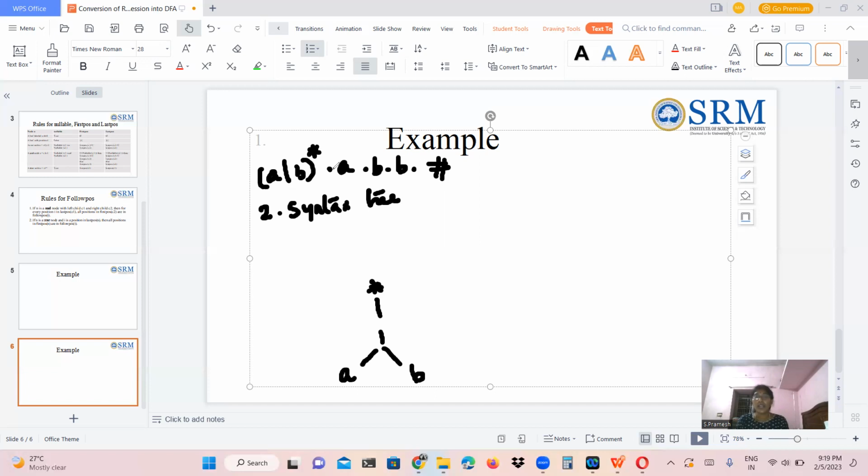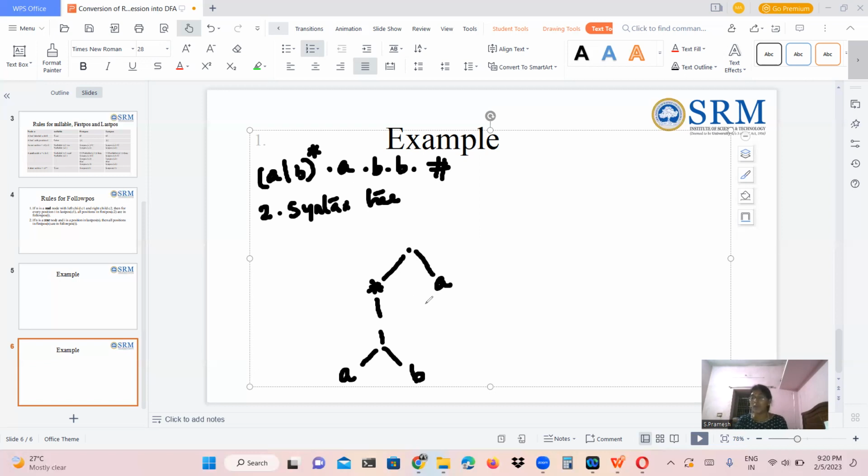After that, I have a concatenation, so I'll take it here. The left part is the concatenation done so far, and the right part is the A symbol. So we know the rule of a syntax tree: the root node and interior nodes should have operator symbols, and the leaf nodes maintain operand symbols.